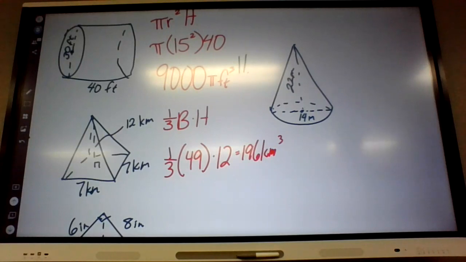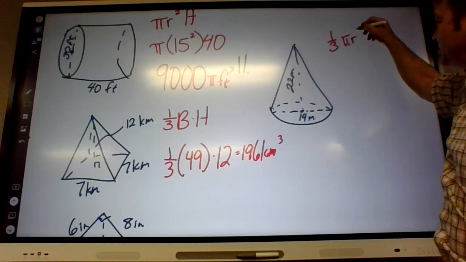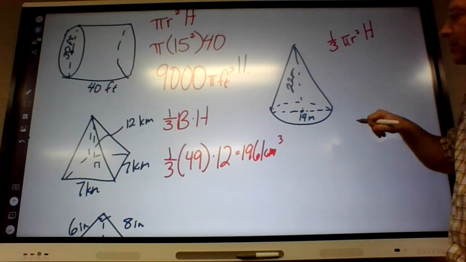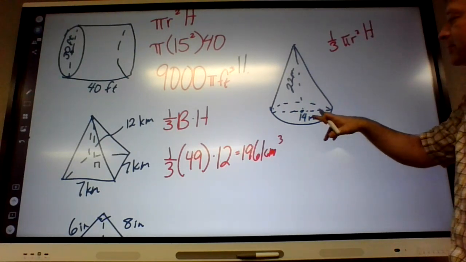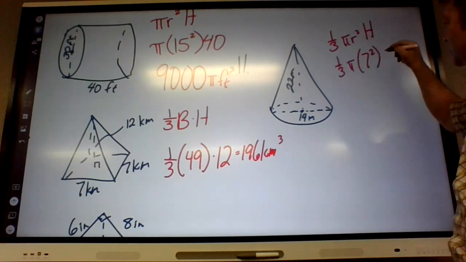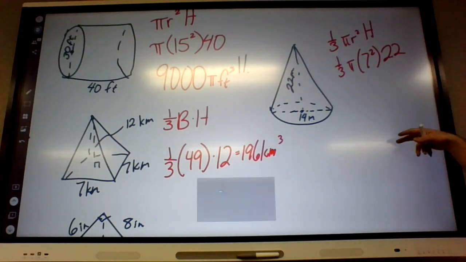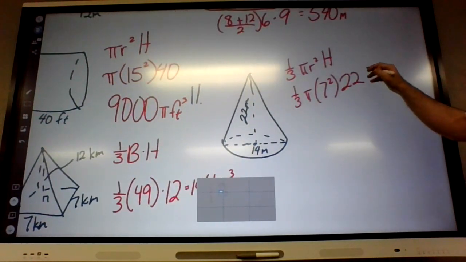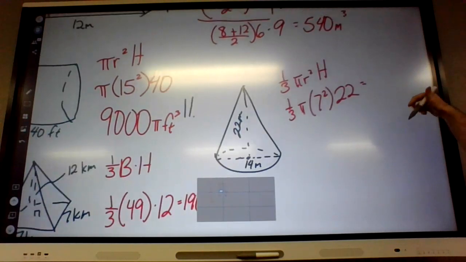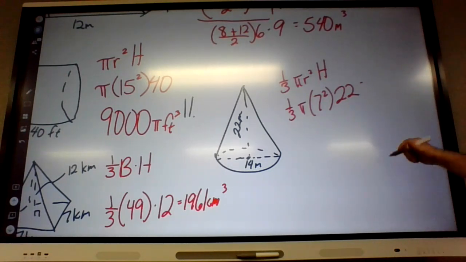Okay, on 11, we got a cone, so it's 1/3 pi r squared h. So what's the r? 7, not 14. So 1/3 pi times 7 squared times 22. That one doesn't come out very nice. 154 over 3. 322.5. That's not what I got. No, it should be bigger than that. I got 1078 over 3 pi.